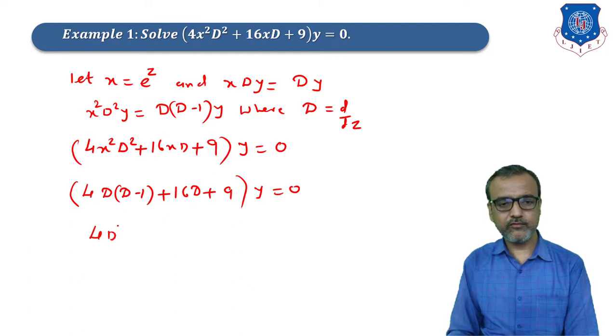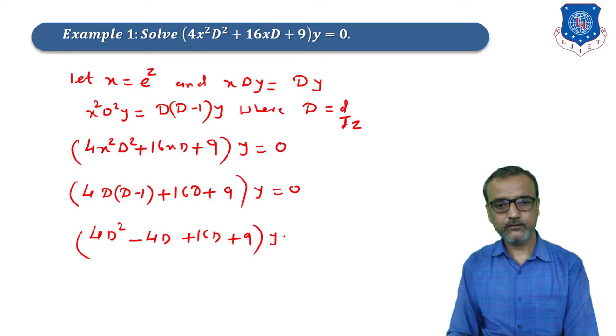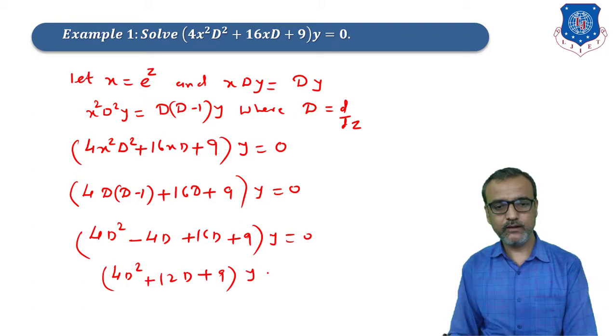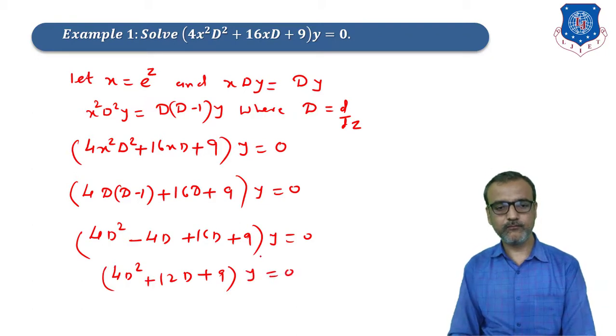So we have 4D square minus 4D plus 16D plus 9 y equals to 0. So we have 4D square plus 12D plus 9 y equals to 0.